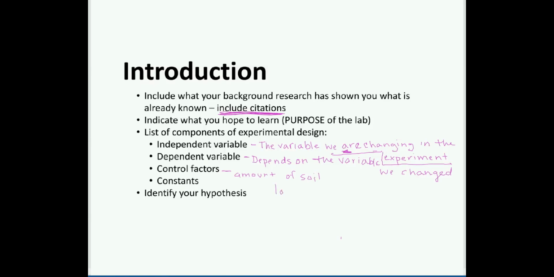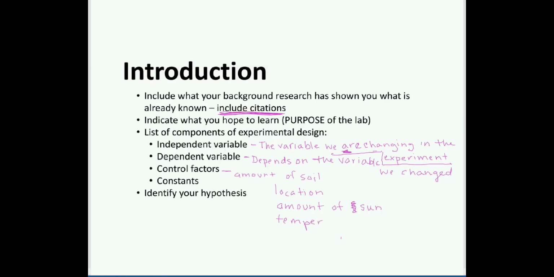Maybe the location. The amount of sun. So anything that you kept the same, and you want to keep as much as possible the same. The temperature.